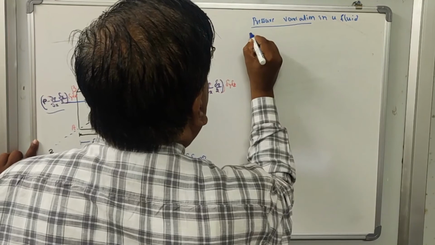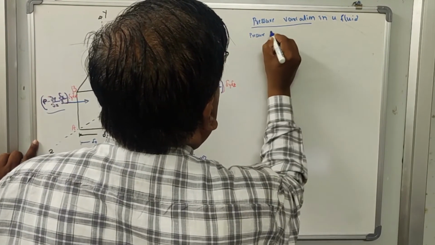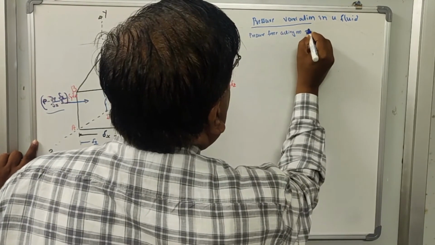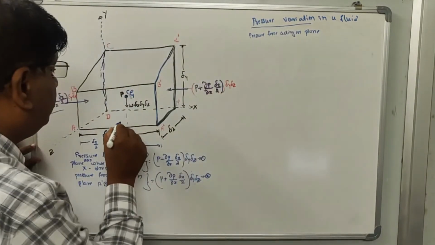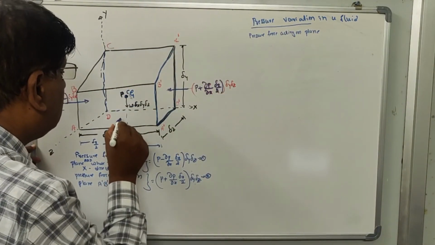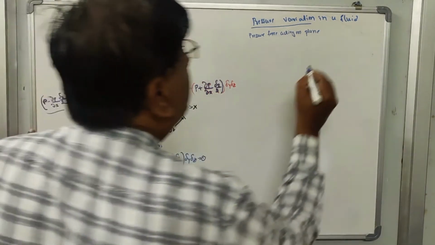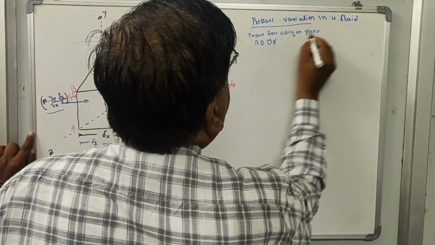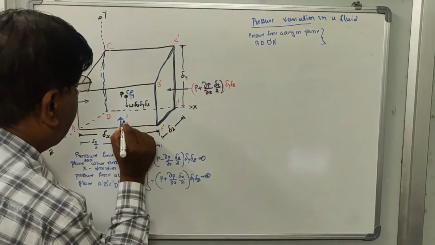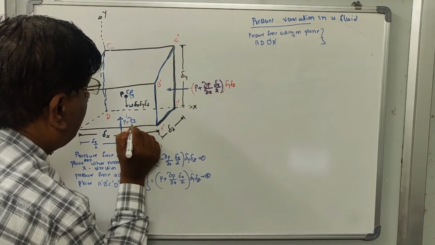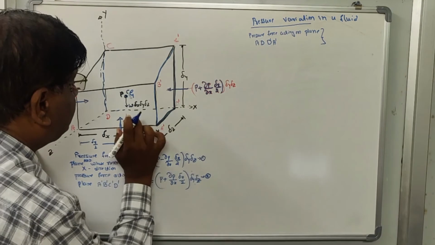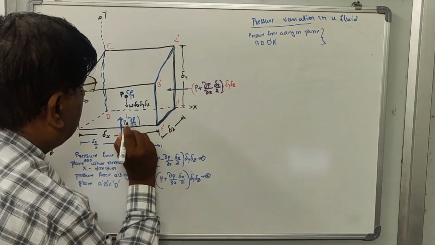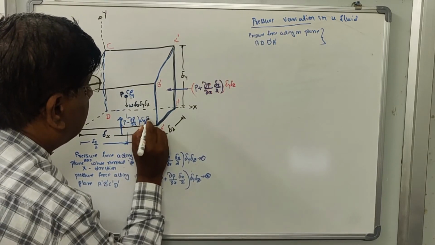The pressure force acting on plane A D D dash A dash is P minus dabba P by dabba y delta y by 2, and the area is delta x delta z.